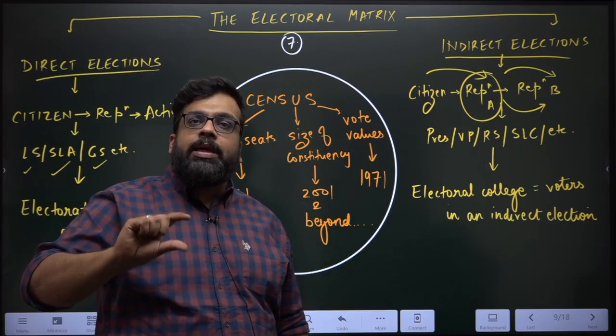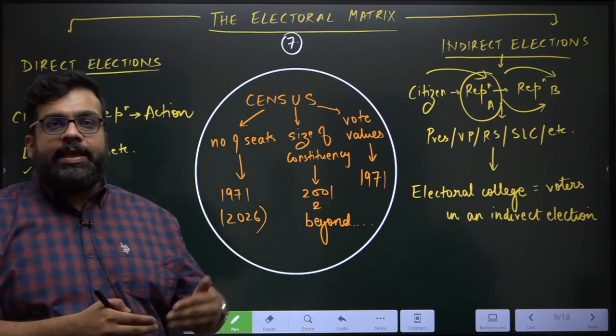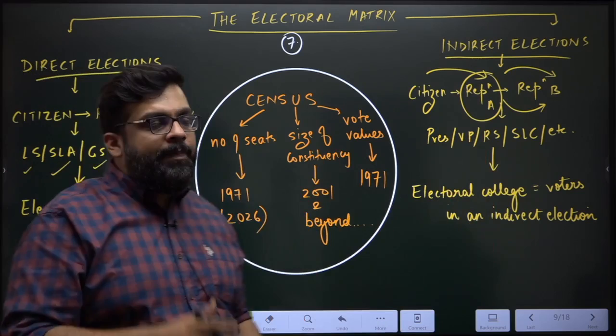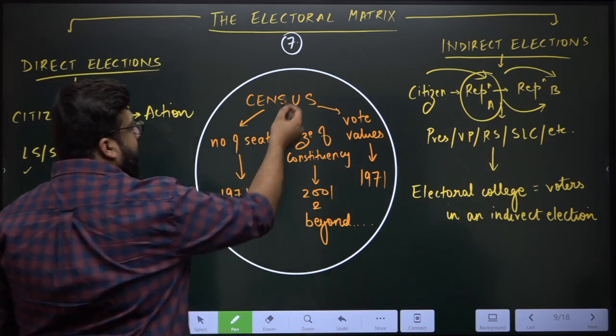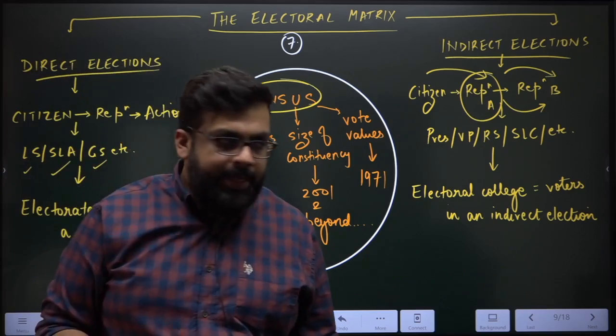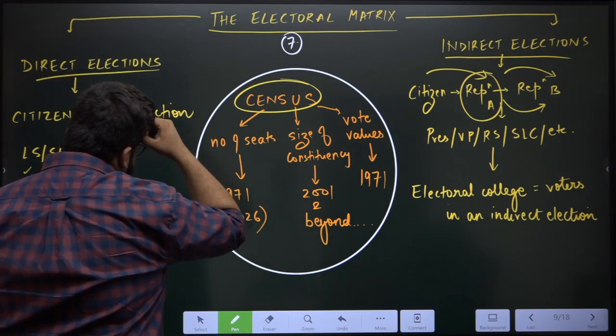And how do you put a number to democracy? How do you say that X is a viable representation of a certain set of people? Which is why you need a tabulation exercise called census, right?